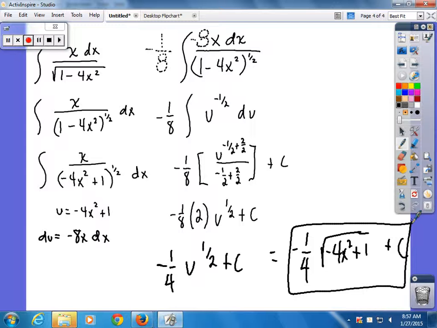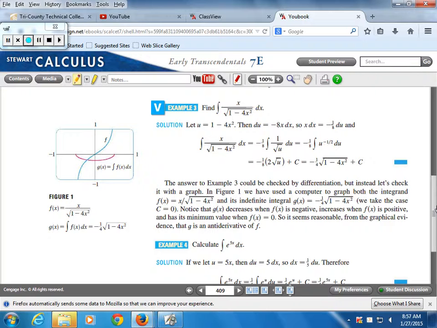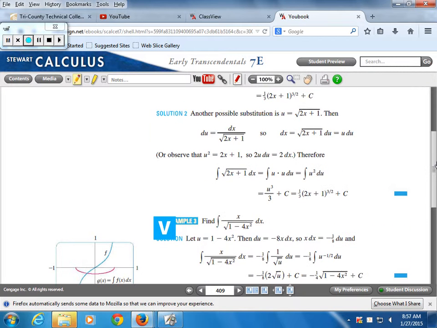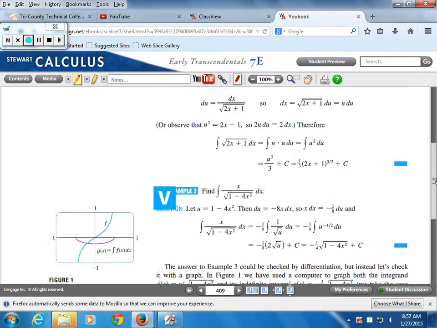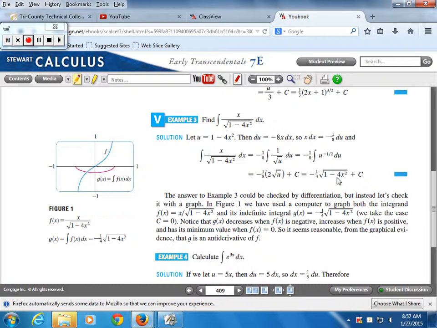Let's see what they got. Is that the example we just did right there? Yeah. Okay. Negative 1/4, negative 4x squared plus 1, plus c.